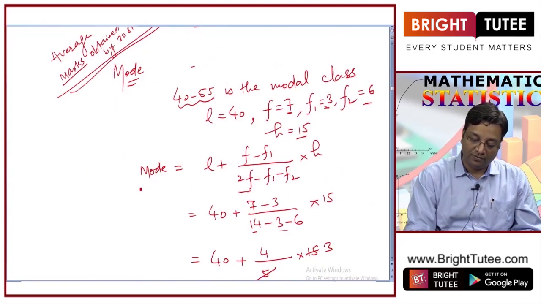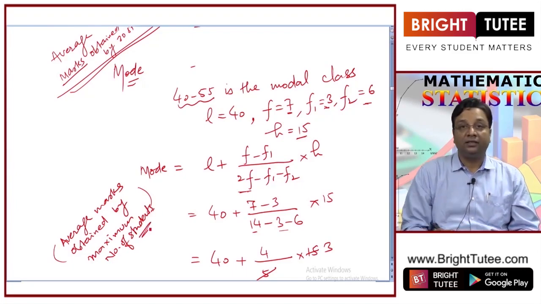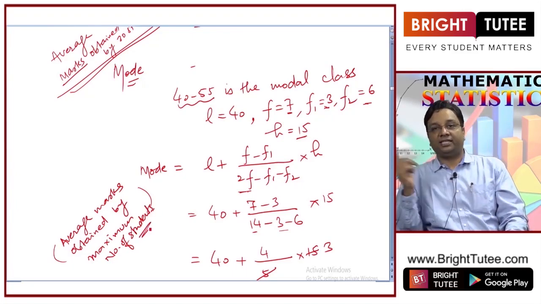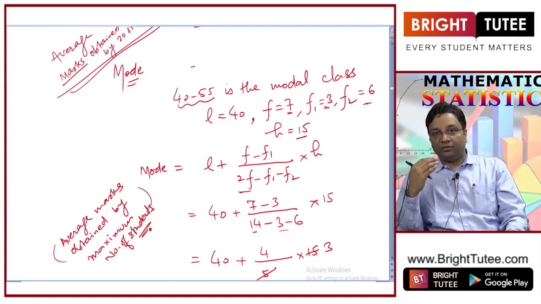What is the mode? Average marks obtained by the maximum number of students. So the mode is about the maximum frequency. It will calculate the average marks obtained by the maximum number of students.